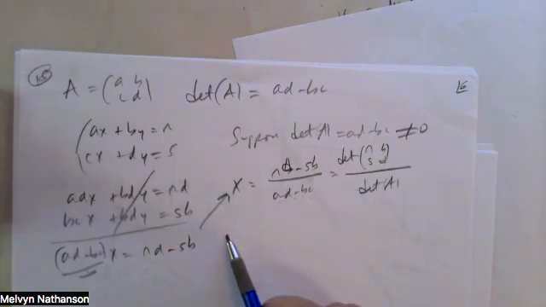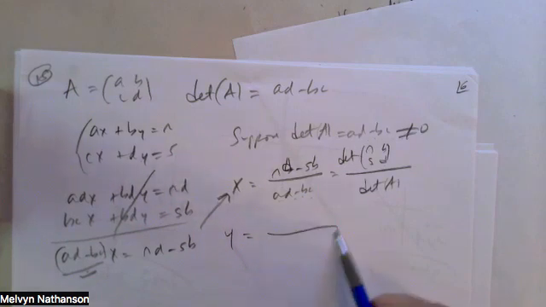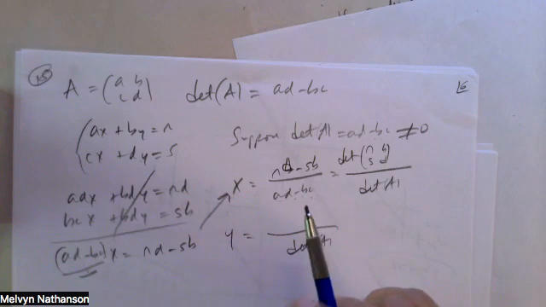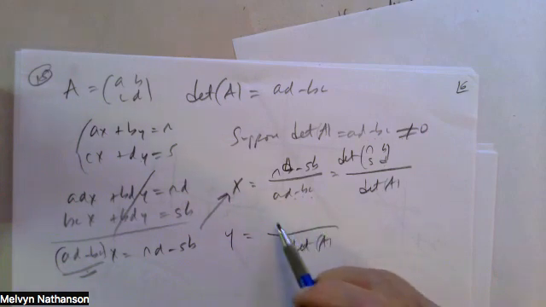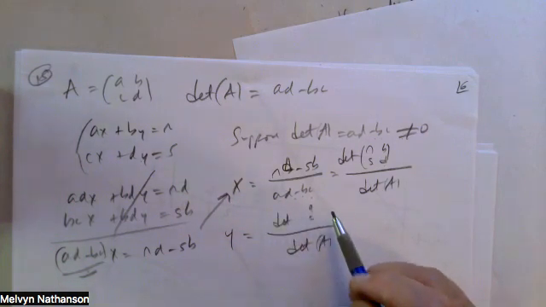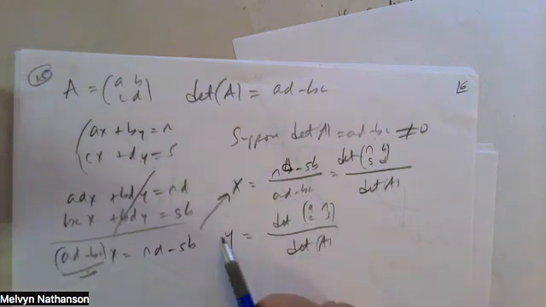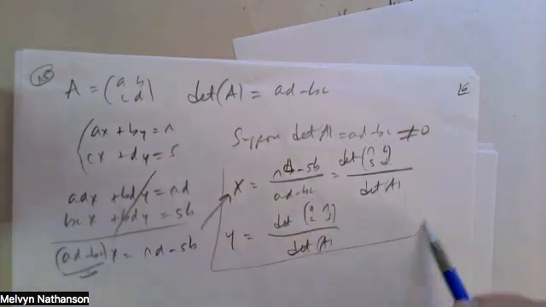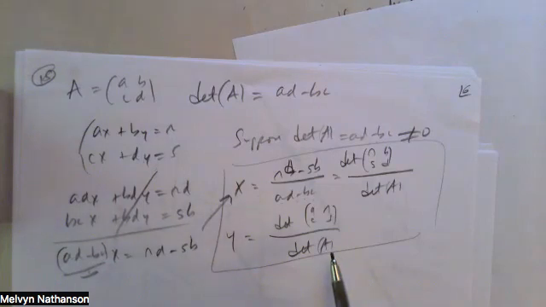And similarly, if I solve for Y, I will get the determinant of A, C, R, S over AD minus BC. You just do the work, and this is what you find. So long as the determinant of A is not 0, and I can divide by it, I get these values for X and Y. They are unique. There's nothing else X and Y can be.